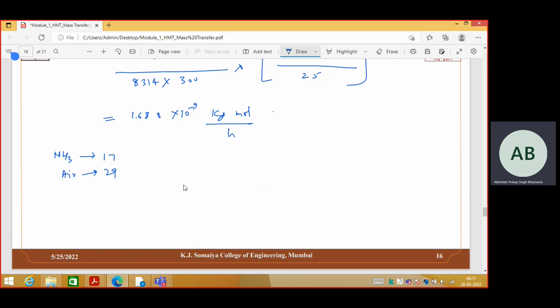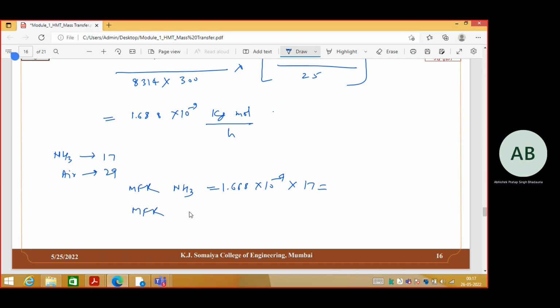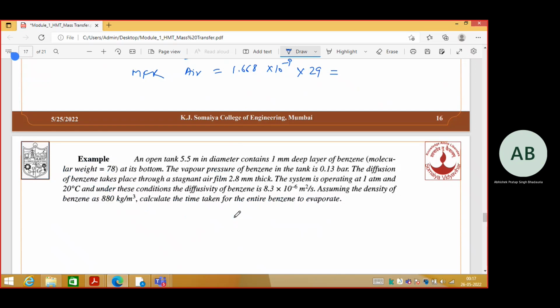We can say the mass flow rate of ammonia will be equal to 1.688 into 10 to the power minus 9 multiplied by 17, and the mass flow rate of air is this value 1.688 into 10 to the power minus 9 that we calculated above, into 29. You can calculate this. So this will be the answer. Okay, this is fine.